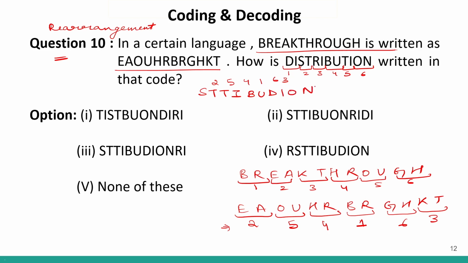And at 3 we have RI. So this will be my rearrangement, that is STTIBUDIONRI. And this is given in option number 3. So option number 3 will be the correct answer to this question.